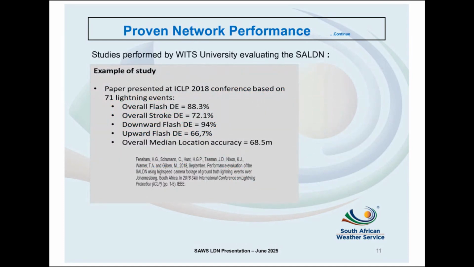Here is just an example of that first study that we've spoken about, where it was done on data from 2017-18, and it was part of a presentation also done at the ICLP 2018 conference. It spoke about 71 lightning events that took place, with that measurement of the mean location accuracy of 68.5 meters.